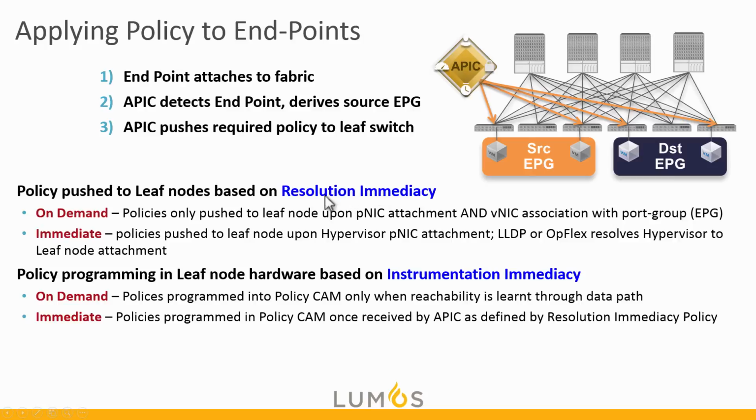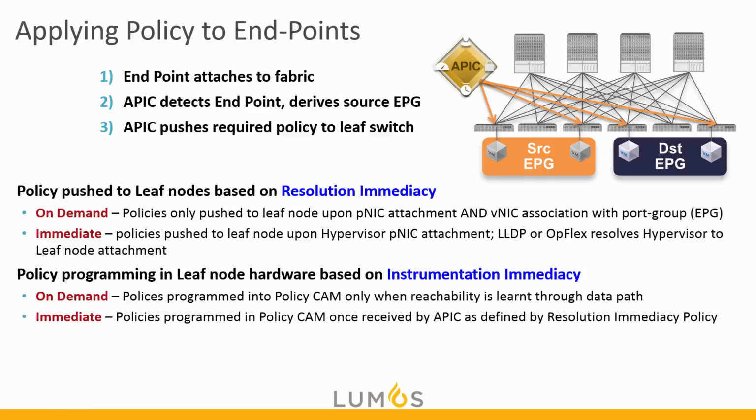If we set the resolution immediacy to on demand, then the policy would only be pushed to the leaf node, to the managed object, Linux file system, configuration files, when a physical NIC was attached from the hypervisor and the VNIC was associated with the port group. Note that we don't need to see any data plane traffic yet, okay?